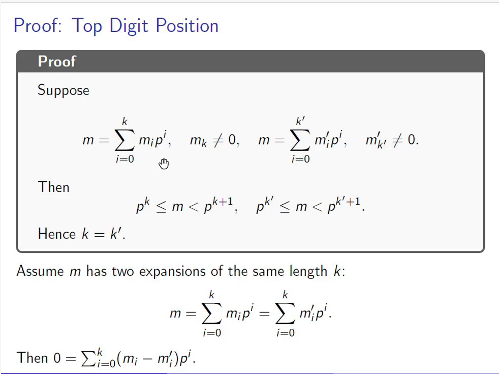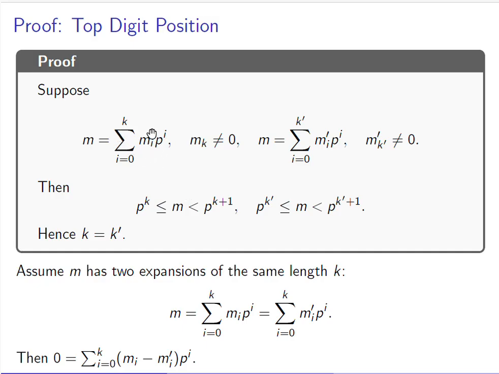Okay, and that's a geometric sum, so it's going to be (p^(k+1) minus 1) over (p minus 1). Well, that p minus 1 will cancel the p minus 1 we had before, and so what we have is p^(k+1) minus 1. So that means that since m is less than or equal to p^(k+1) minus 1, m is strictly less than p^(k+1).